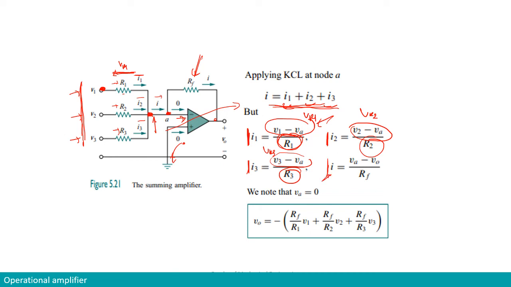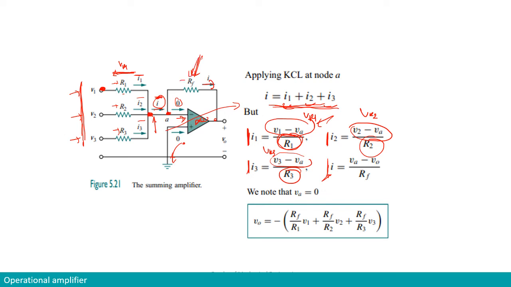What is it equal to? We can see that, due to the properties of an ideal operational amplifier where the input impedance is infinity, we have zero current going into the input. So the I that goes into A is also the I that goes across RF.